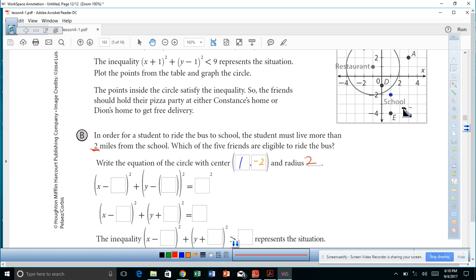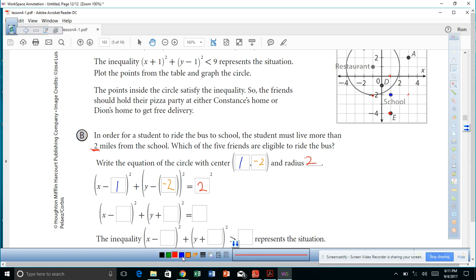Okay. So let's see, 1, 2, 1, 2, 1, 2, and 1, 2. All right. So x minus 1, and then y minus -2 equals r, which is 2 squared.